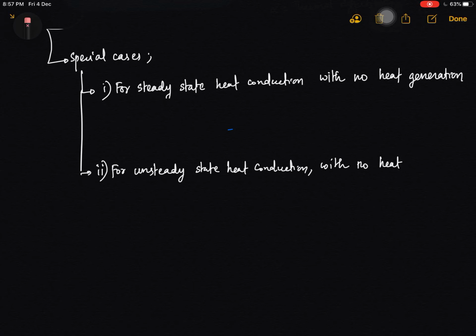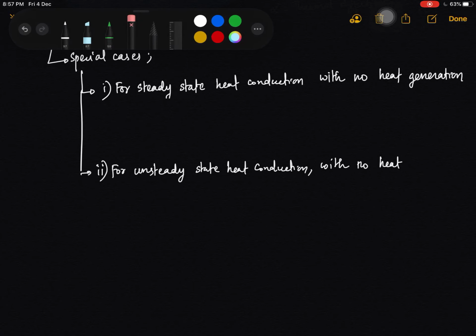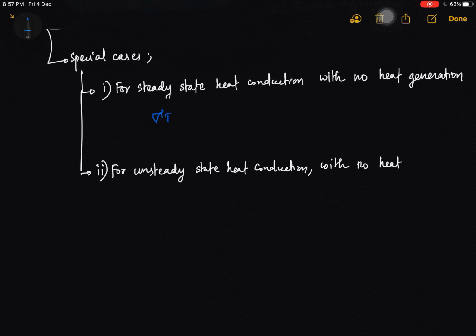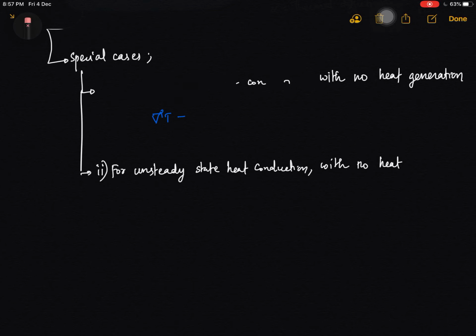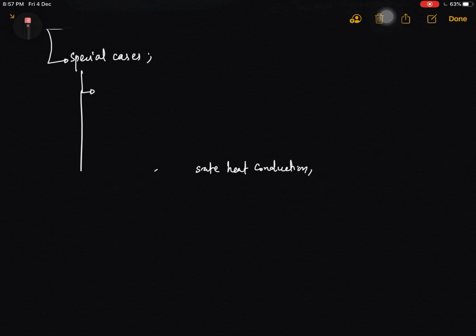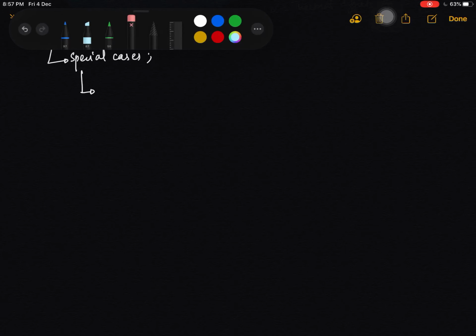This is steady state heat conduction with no heat generation, and this equation can be written as del square T will be equal to, sorry, there is some error in this equation.